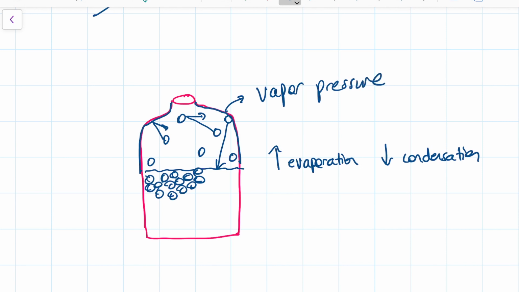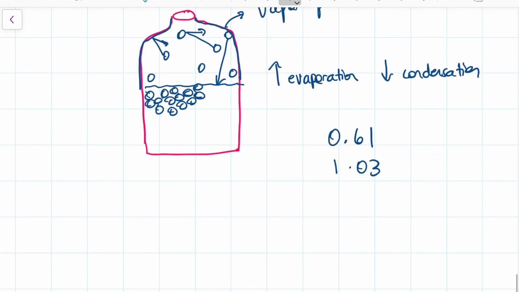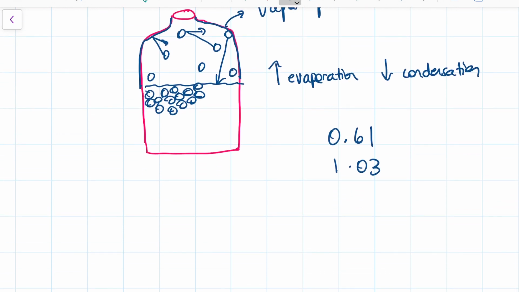Now, if you were to look at the vapor pressure of water, water has a vapor pressure of about 0.61, whereas something like ethanol has a vapor pressure of 1.03. So let's think about this. Water has a vapor pressure of 0.61. Now, if I were to make water boil, so this is water, this is ethanol, I would have to put a lot more heat into the water to get it to boil than I would have to put into the ethanol.